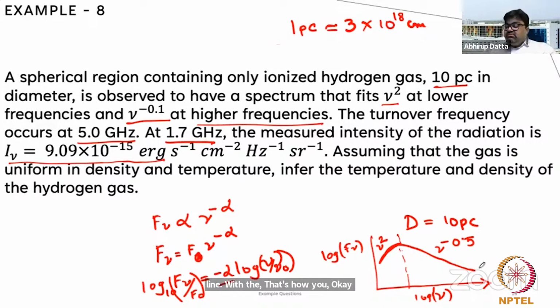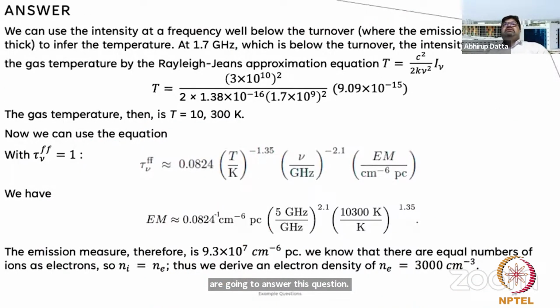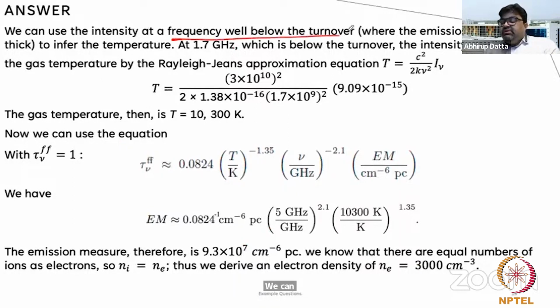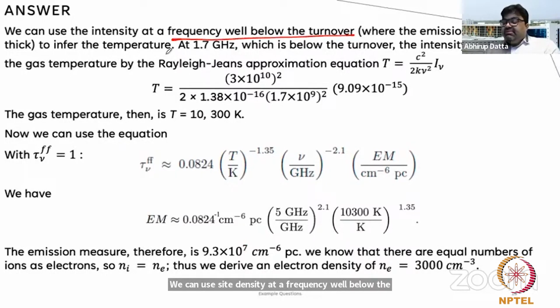Okay, so just starting again, we can discuss this later, but let us move on and see how we are going to answer this question. Or we can come back and discuss this while we are attending this question. We can use the intensity at a frequency well below the turnover, where the emission is optically thick, to infer the temperature.